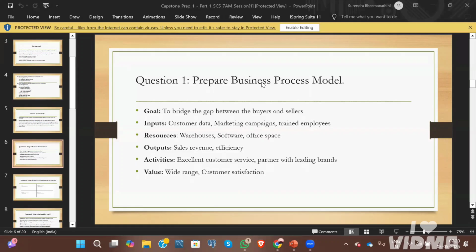This question is asking us to prepare a business process model. So while you are preparing your original document for the capstone, you need to write what a business process model is, keeping this project in mind. For your capstone project, guys, we are assigning you an online agriculture store.